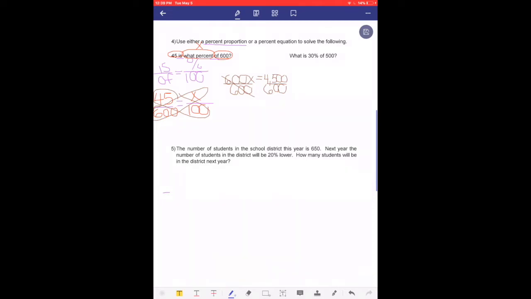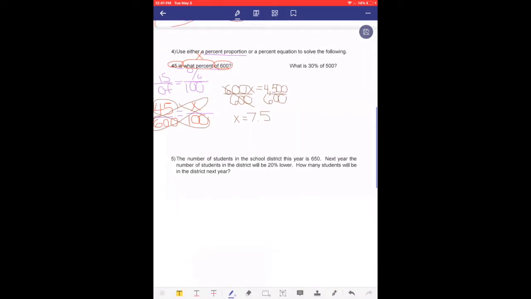And then it'll cancel on the left. When we do 4,500 divided by 600, you'll get 7.5. I'm just going to put a percent symbol at the end. So X equals 7.5%.